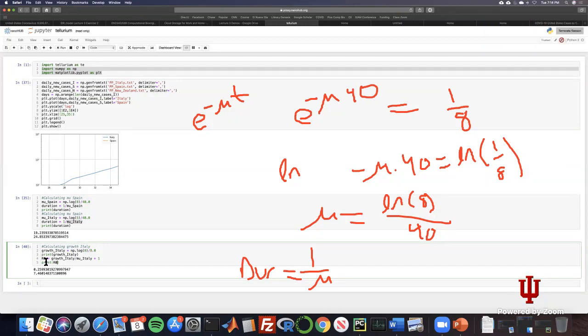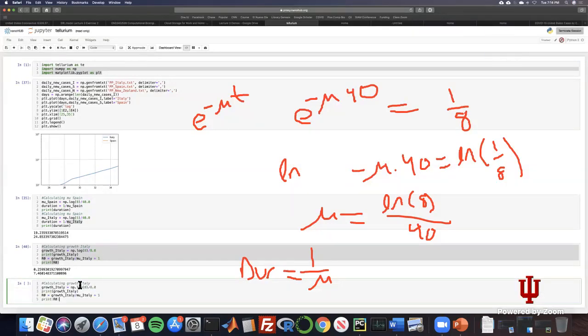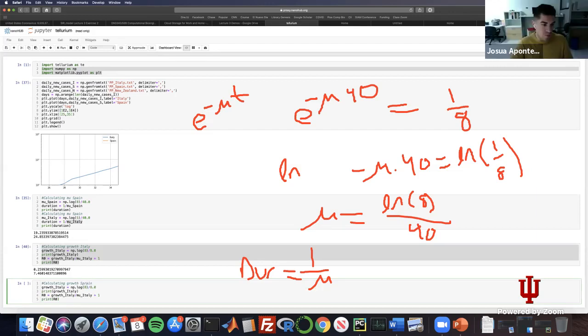Can you repeat it for Spain? Yep, the same. So we're estimating that the R naught in Italy was 7.46. Let's do the same for Spain. We'll have to replot the graph to get the values for Spain.